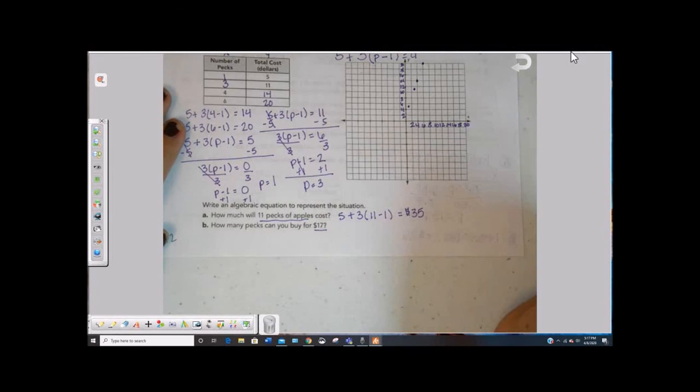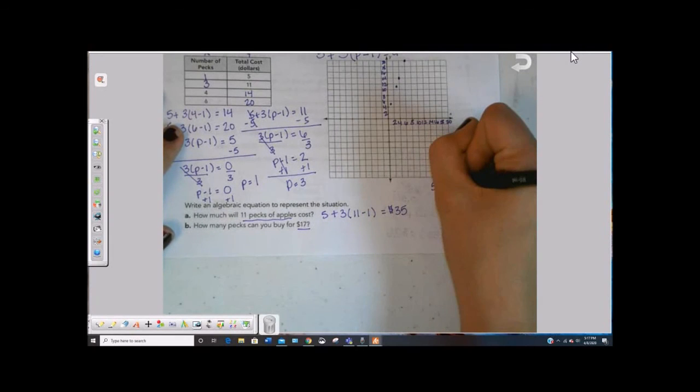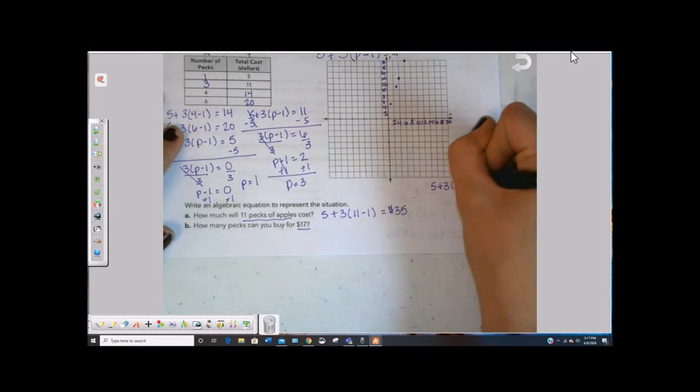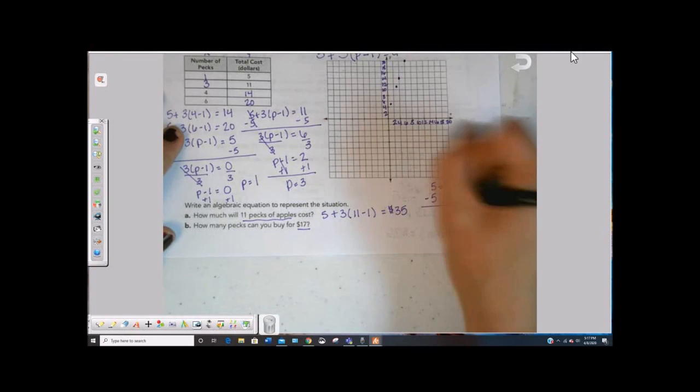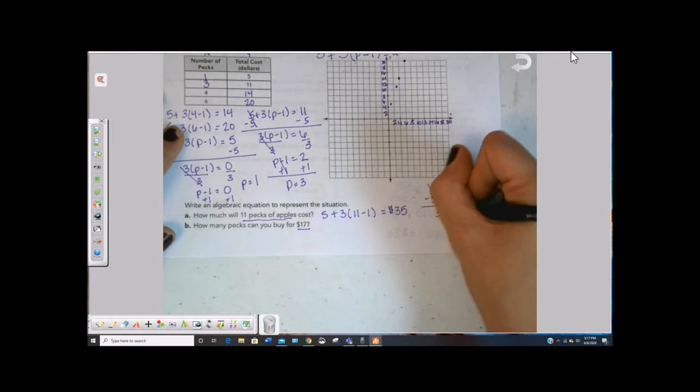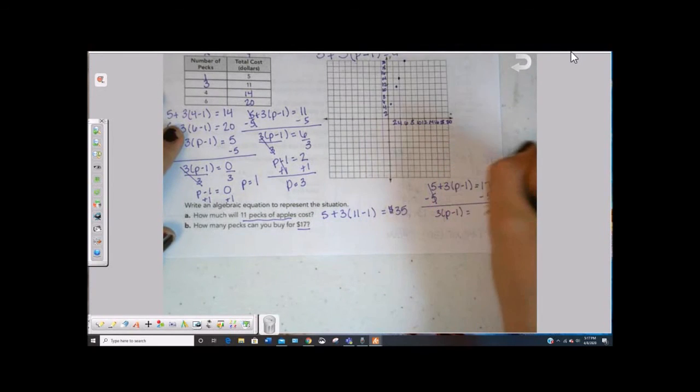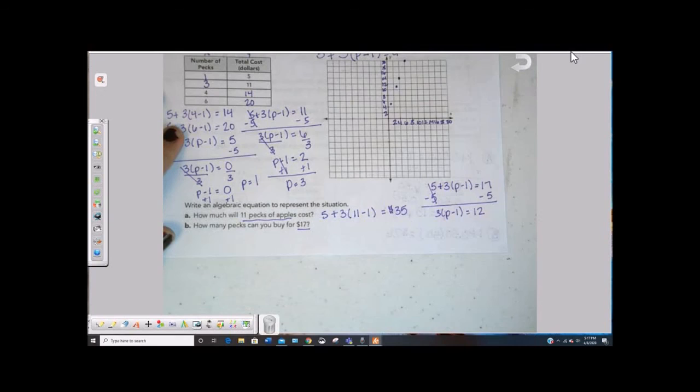B says, how many pecks will you buy for $17? So now you have your dollars, but you need your pecks. So you're going to take, and I'm going to write it more up here so we have more room, 5 plus 3 times p minus 1 equals 17. Subtract 5 on both sides.